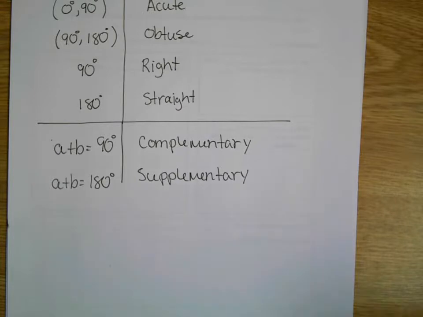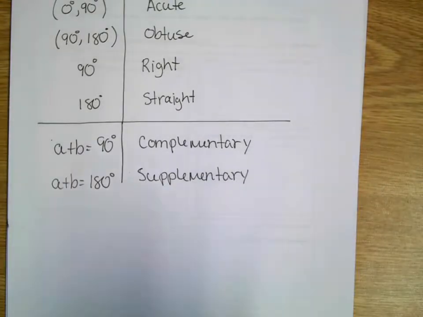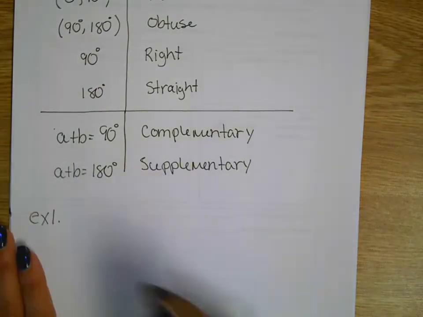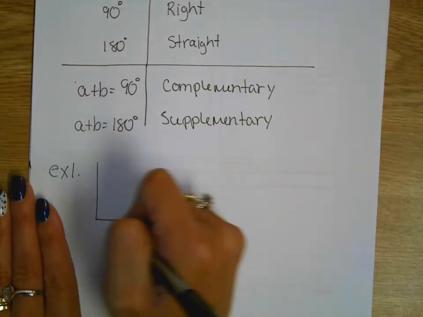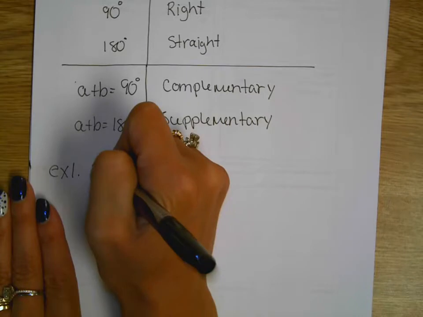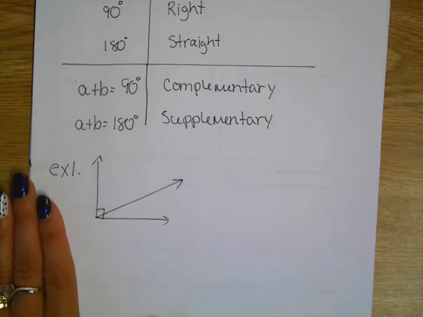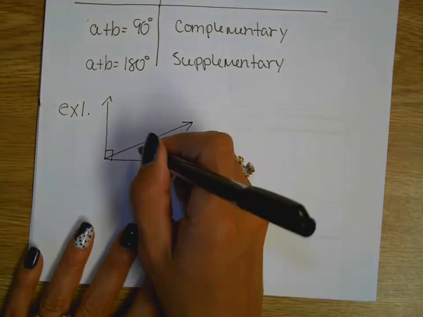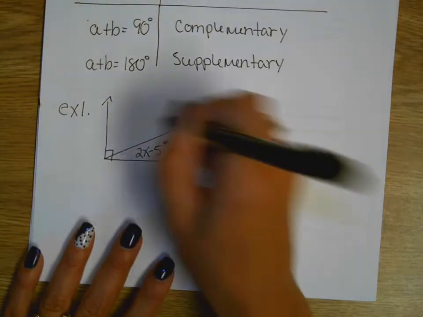Okay, you're going to have a whole section in the book of setting up equations, and so I'm only going to do one of these because they're kind of straightforward. So you'll have something like this, where you set up your little algebra equation and solve away. This angle down here is 2x minus 5 degrees.